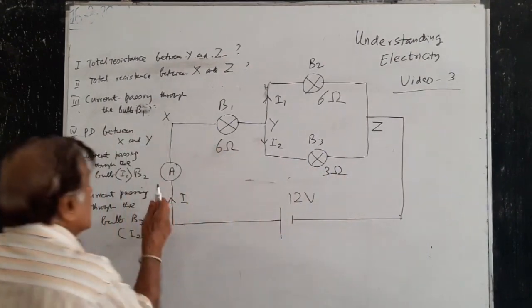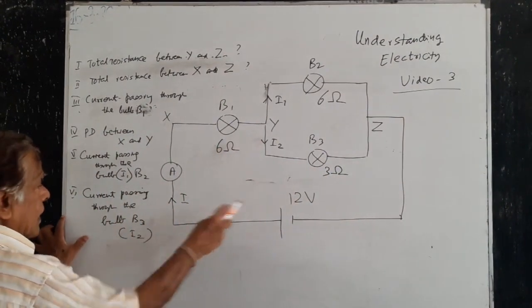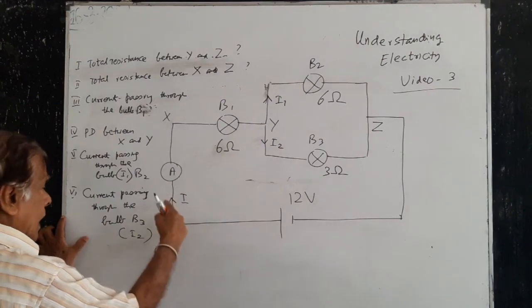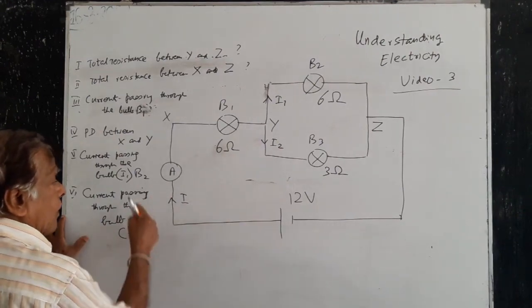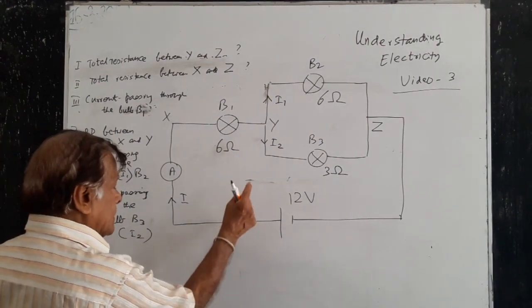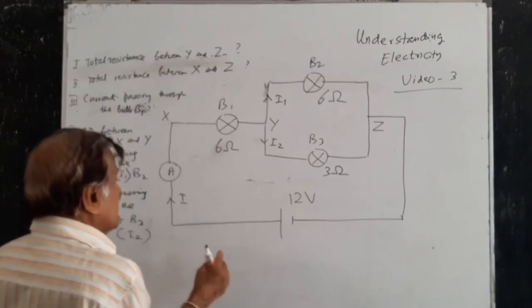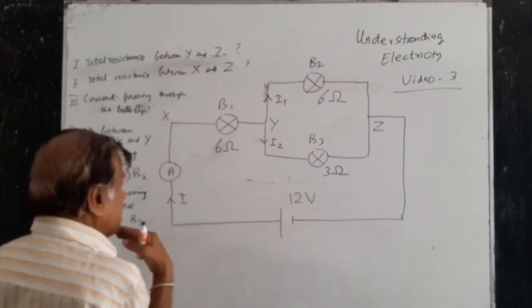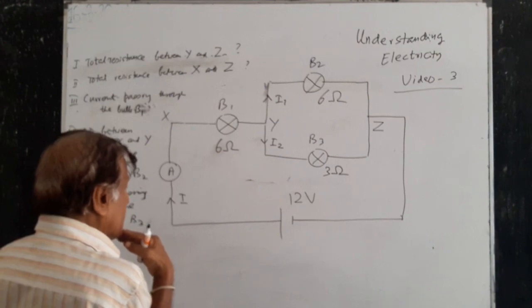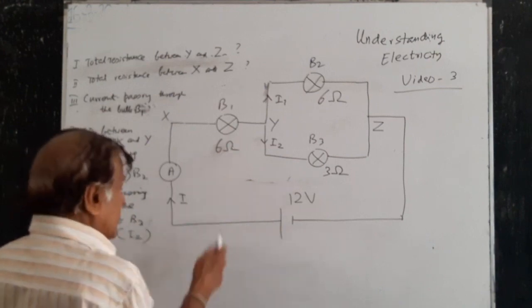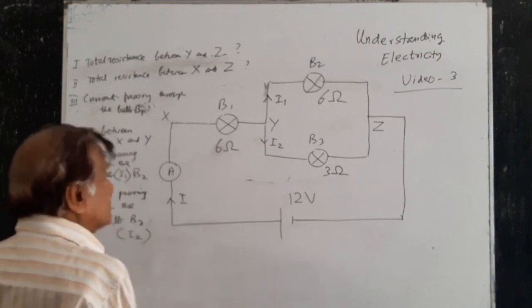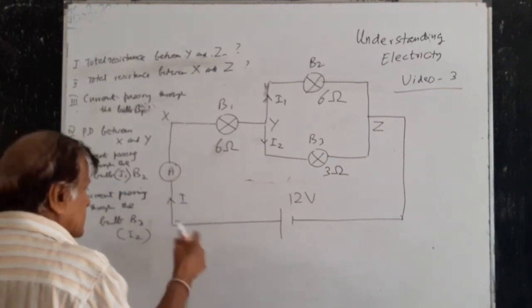Now, the current received, or current gained from the battery, depends on this resistance of 8 ohms. Total resistance is 8 ohms.